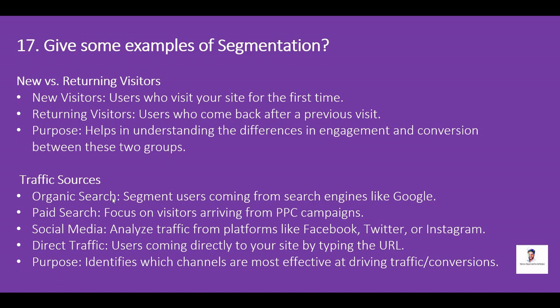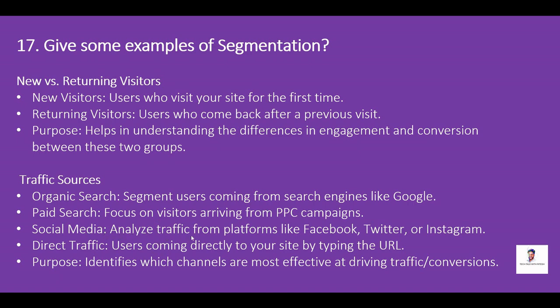So the next type is traffic source. Organic search: segment users coming from search engines like Google. So I'm just searching something on Google and I get this URL and I land on the website. Paid search: focus on visitors arriving from PPC, pay per click campaigns, some sponsored advertisements, etc. Advertisers pay for that campaign.